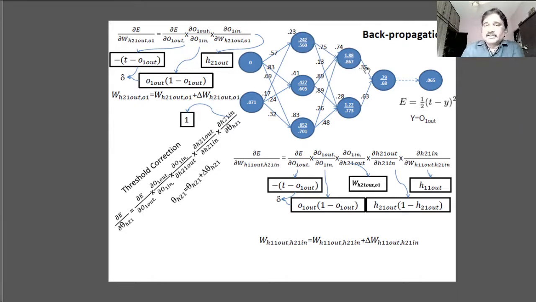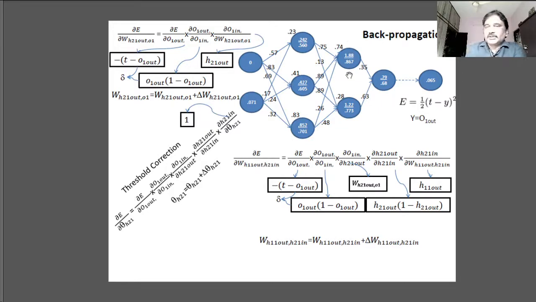Now again, you won't be directly getting the differentiation; you will have to chain it. Just see how I chain it. I'll be taking the differentiation of the error with respect to O1 out. Then O1 out I'll be differentiating with respect to O1 in. Then O1 in with respect to H21 out.